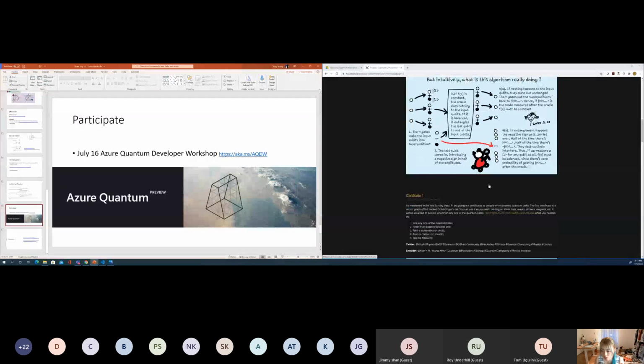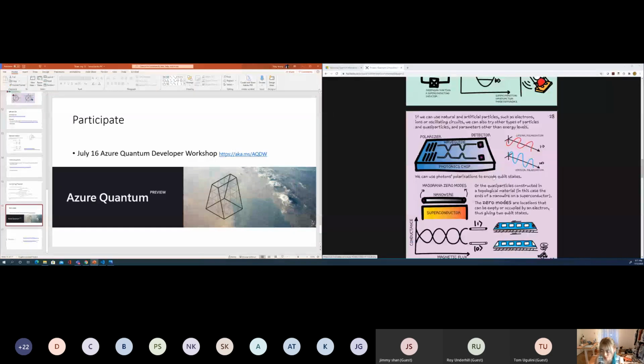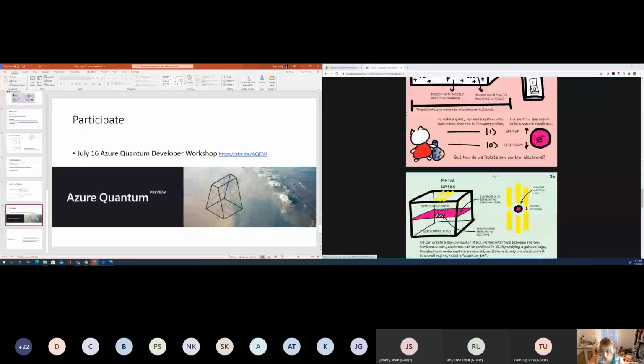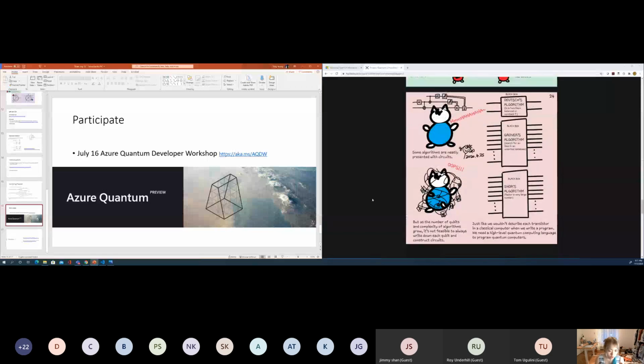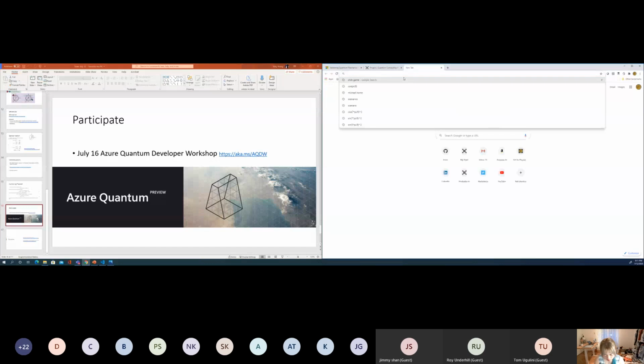Also, I showed Visual Studio Code today. We have a hands-on tutorial, step by step, showing you how to install and download the QDK extension and start coding with Visual Studio Code. We have a Microsoft Learn module, aka.ms/learnQC. It's straightforward.